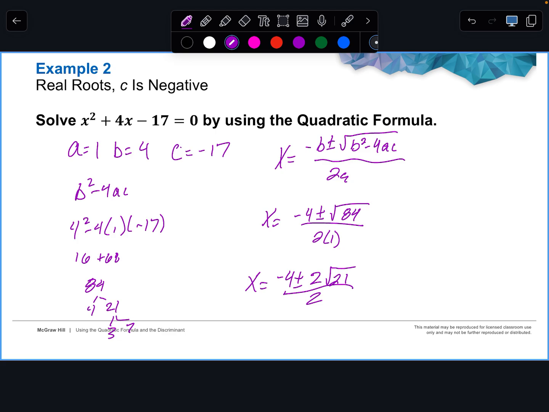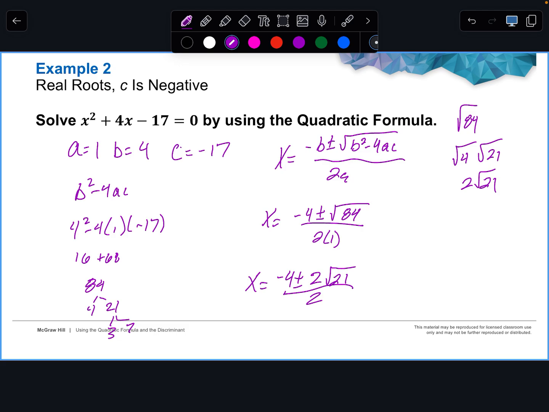Everybody see what I've done so far? I just took the square root of 84 and I broke it into this. Okay, so now, is there something that goes into negative 4, 2, and 2? 2 does, right?